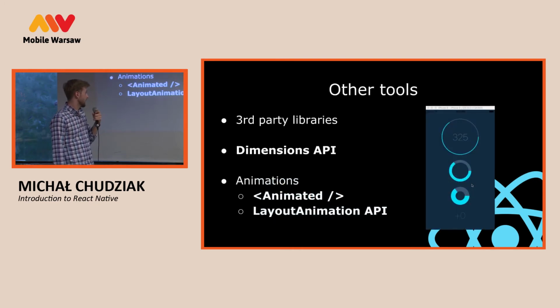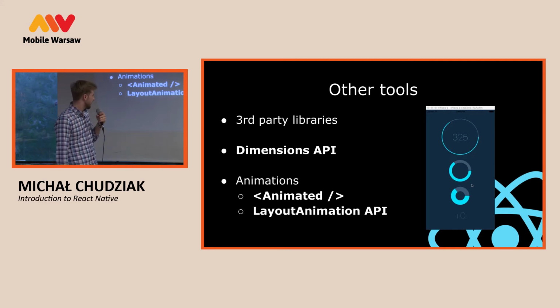Other tools. As I mentioned before, there are many third-party libraries to handle everything in React Native. So if it comes to styling, then yeah, we also have a various number of components available over the web.